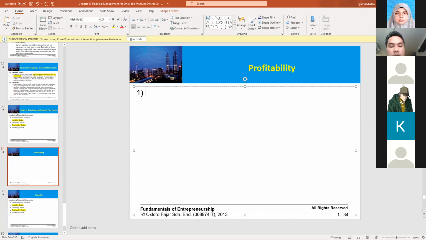Profitability: the basic formula that they're asking is about the gross profit margin and then the net profit margin.